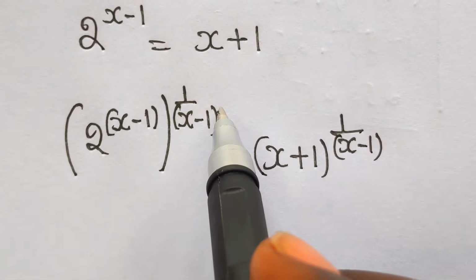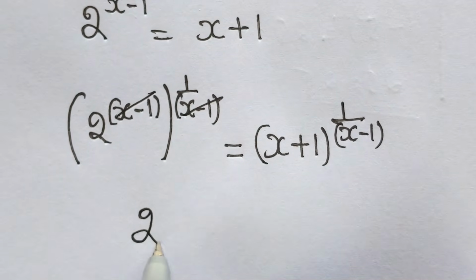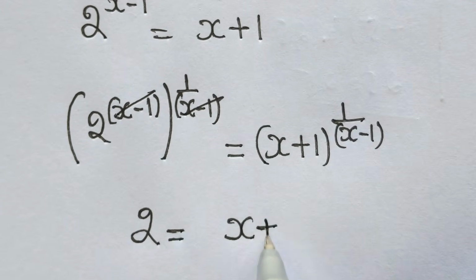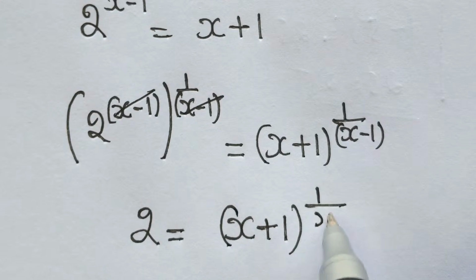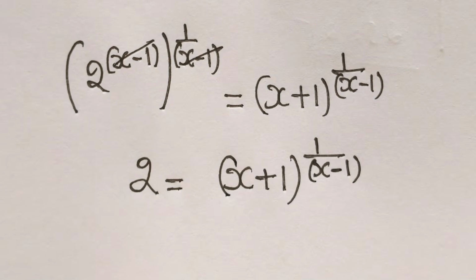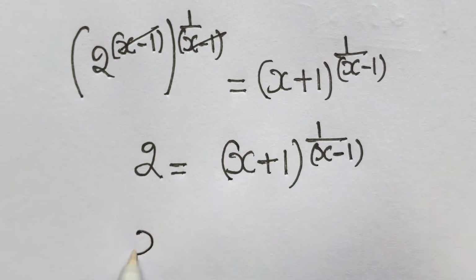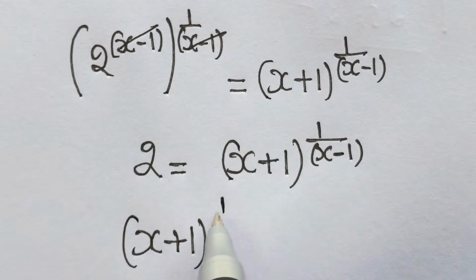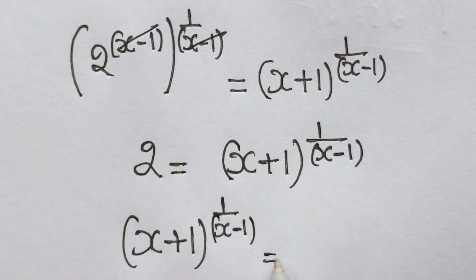And of course, this and this will be cancelled to get 2, which is equal to x plus 1 power 1 over x minus 1. By rearranging, we shall say x plus 1 power 1 over x minus 1 will be 2.